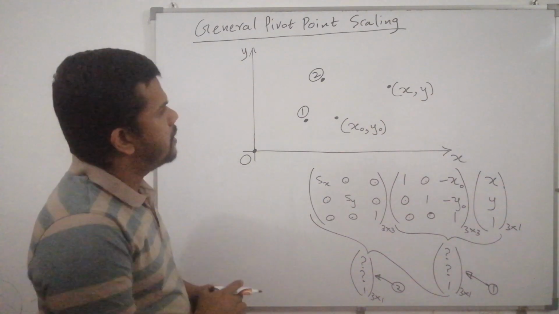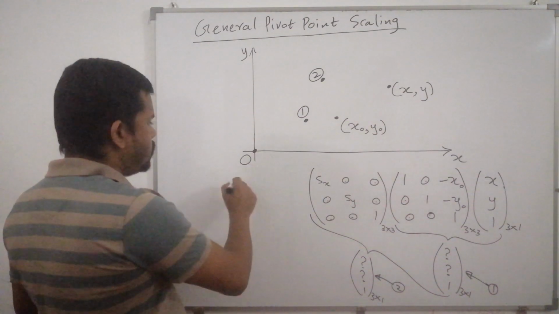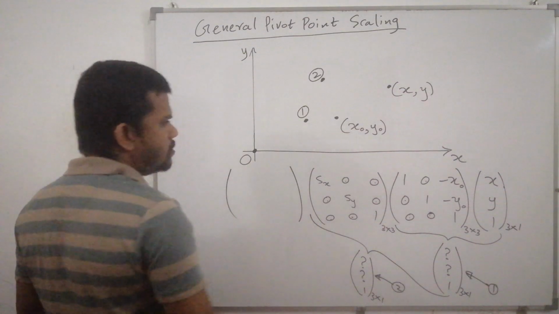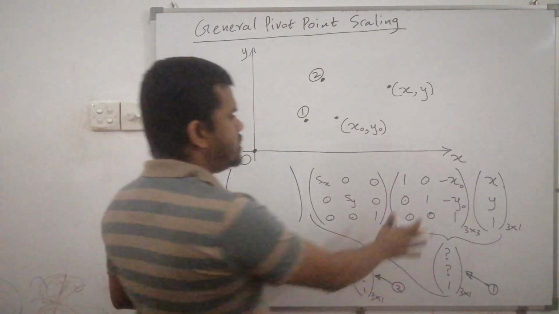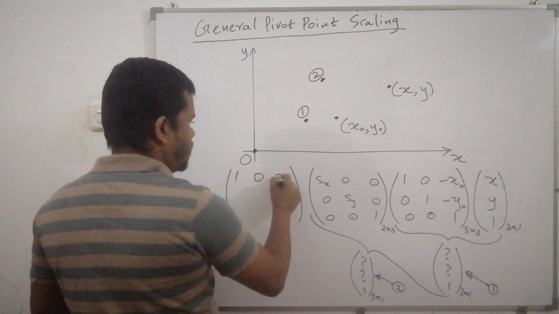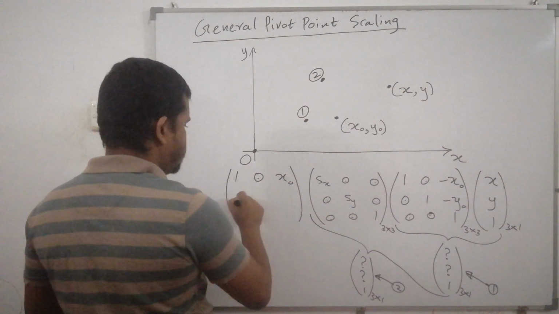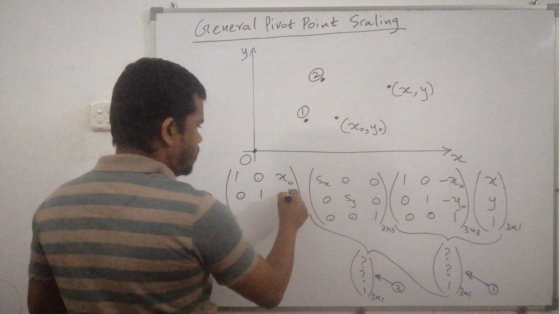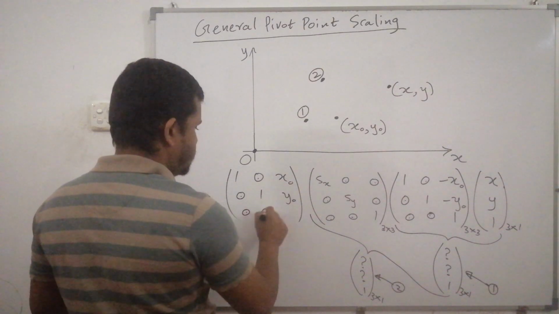Again, what we have to do? Again, we have to do the reverse process. We use this translation matrix 1 0 x0, 0 1 y0, 0 0 1.